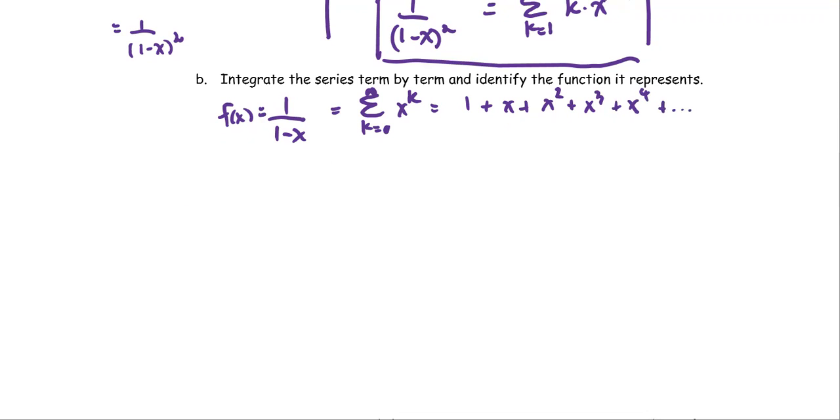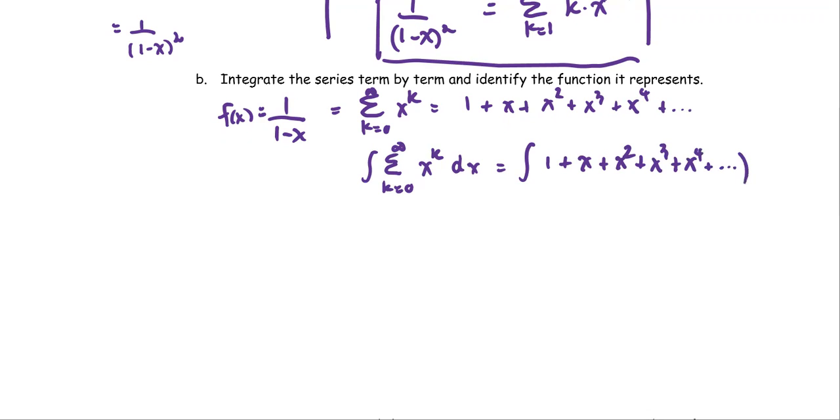Find the antiderivative of the summation for k from 0 to infinity of x to the power k with respect to x, or the antiderivative of 1 plus x plus x squared plus x to the third plus x to the fourth, and so forth, with respect to x.